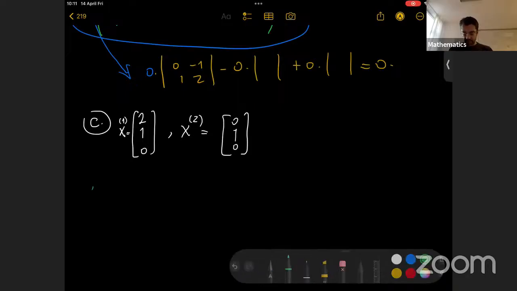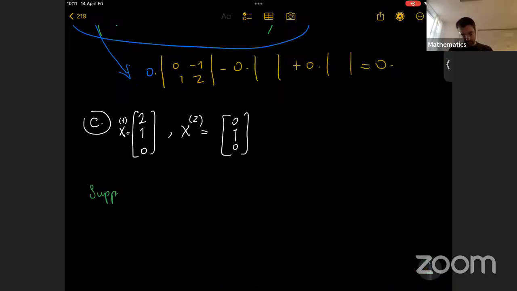So suppose that C1 x1 plus C2 x2 is equal to 0.